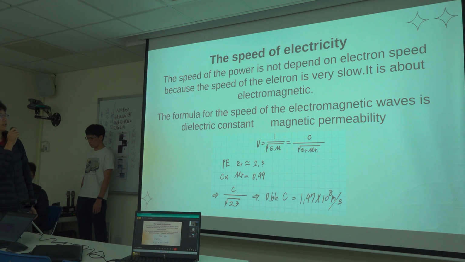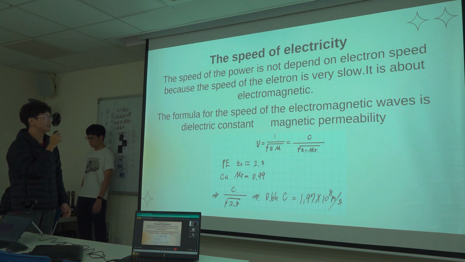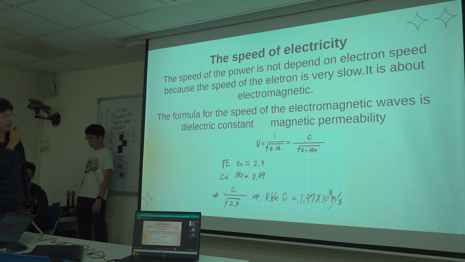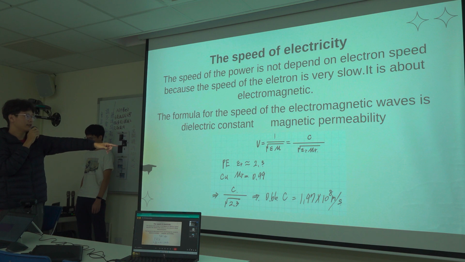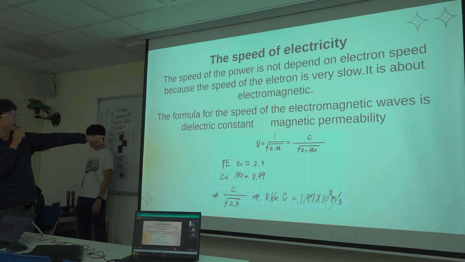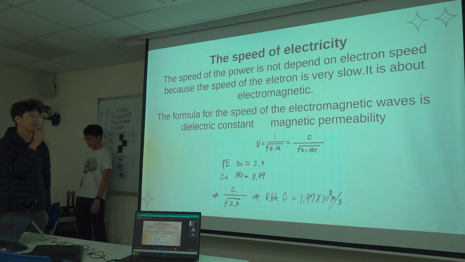How to calculate the speed of the electromagnetic wave? You can think about the formula. You see now, the epsilon is the electric constant, and the mu is the magnetic permeability.